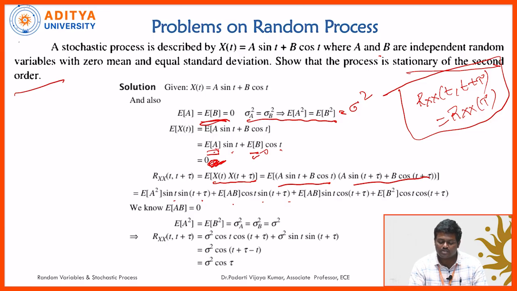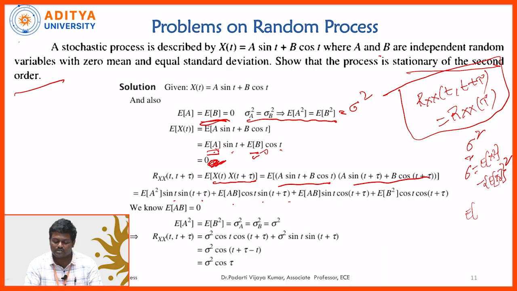Given the variance is constant and equal to sigma square, we know the relation variance is equal to expectation of x square minus the square of expectation of x. Since the mean values are 0, expectation of x square will be sigma square. In a similar manner, expectation of y square also will be sigma square.